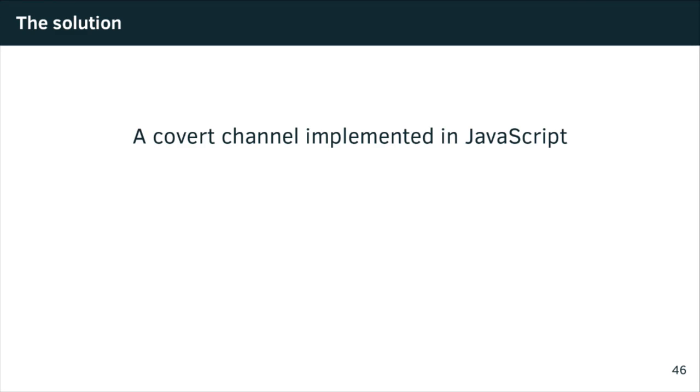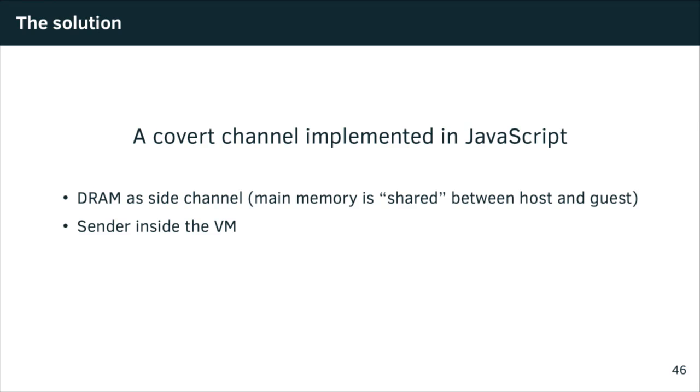We can implement a covert channel in JavaScript. We have this host system, and most of us will have a browser running on the host system if it's connected to the internet, and therefore we can also run JavaScript inside the browser, which is considered to be safe. And we can use the DRAM as a side channel. Every computer will have DRAM in there, and the DRAM is of course shared between the virtual machine and the host system.